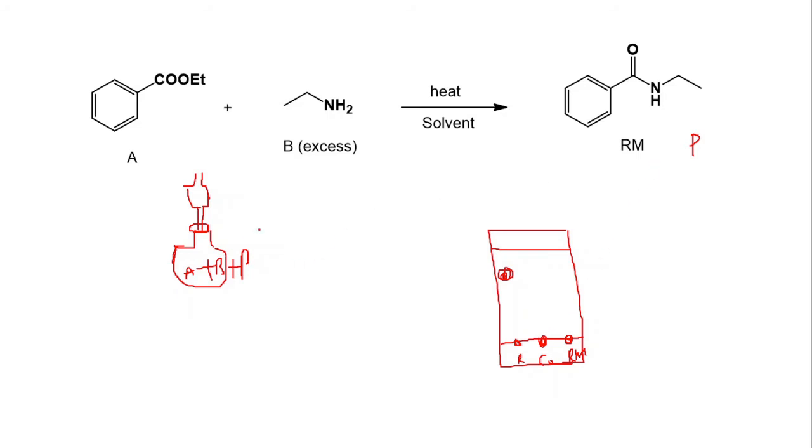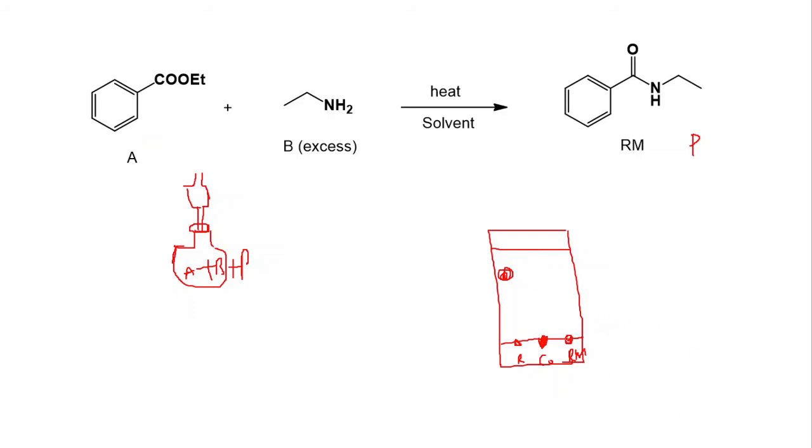Using a capillary, you take the solution of reaction mixture and spot it here. You take A and spot again here. Here you spotted only A, this reactant. Here you spotted reaction mixture plus A, that is CO, together.